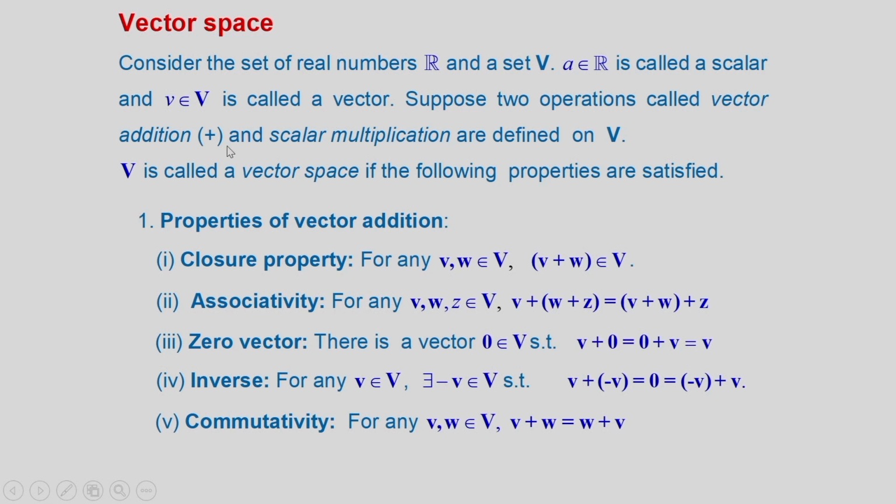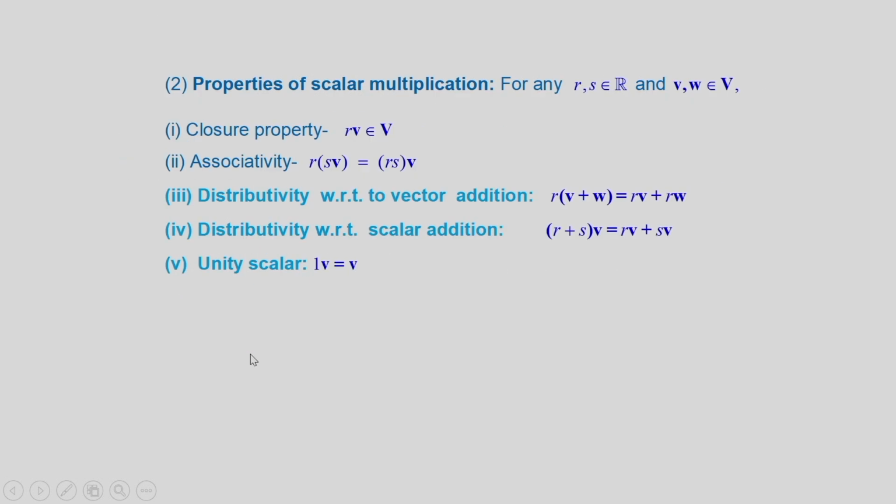So, to define a vector space we need vector addition, and vector addition satisfies these 5 properties. Similarly, scalar multiplication has the following properties. For any R and S belonging to R, scalars, and V and W belonging to V, vectors: first, the closure property, that is, the scalar multiplication of V with R, RV, belongs to V. If we multiply a vector by a scalar, we get another vector.